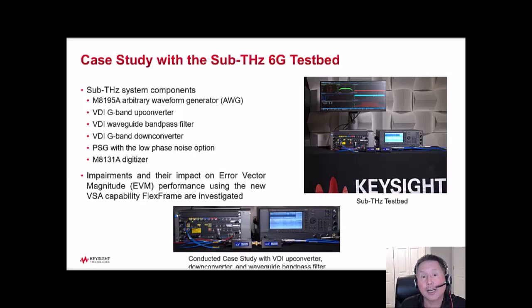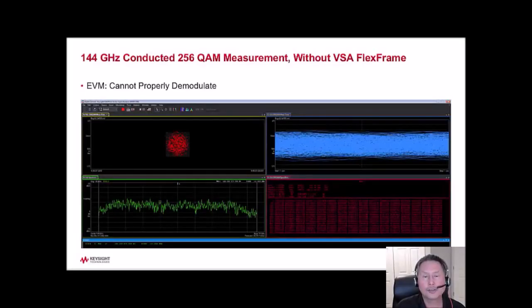The downconverted IF is digitized with an M8131A digitizer for analysis with the VSA software using the new Flex Frame demodulation capability. This shows the attempted demodulation of a 256 QAM signal with a 10 GHz occupied bandwidth at 144 GHz without VSA Flex Frame.